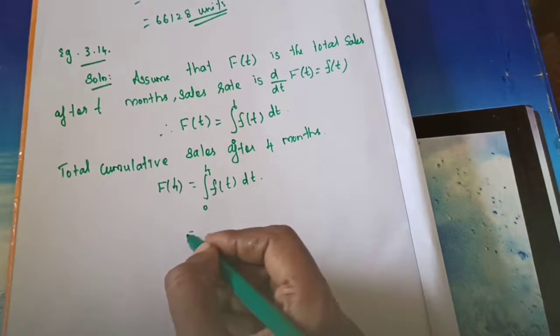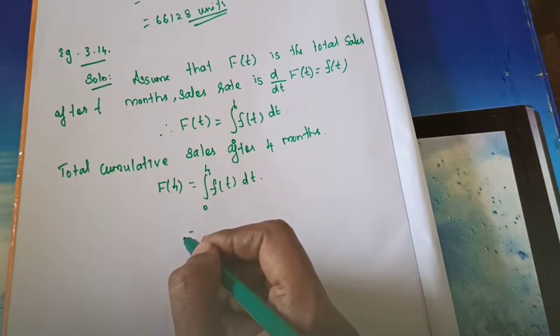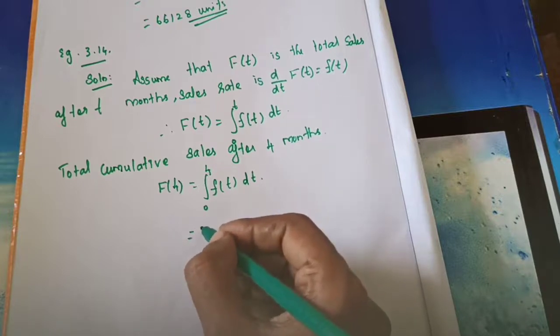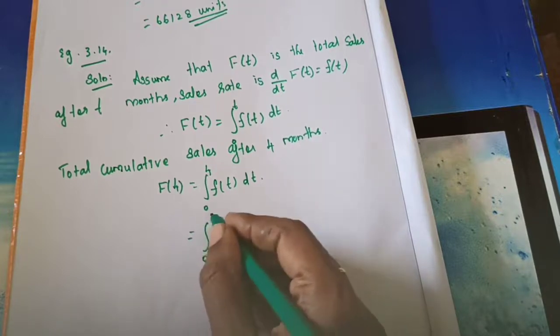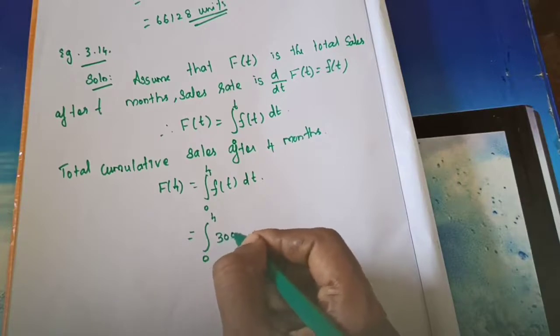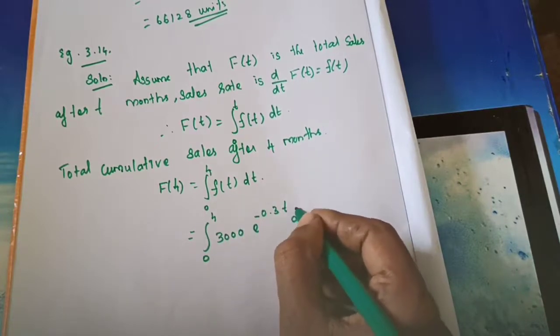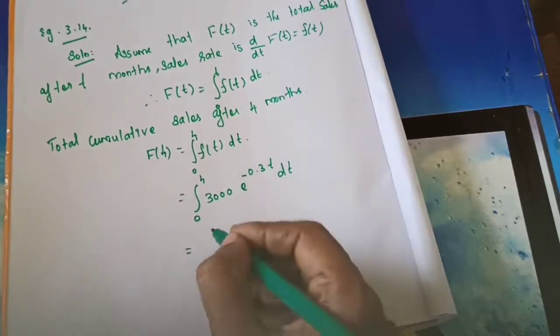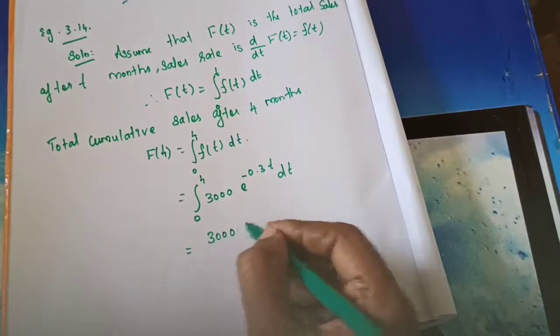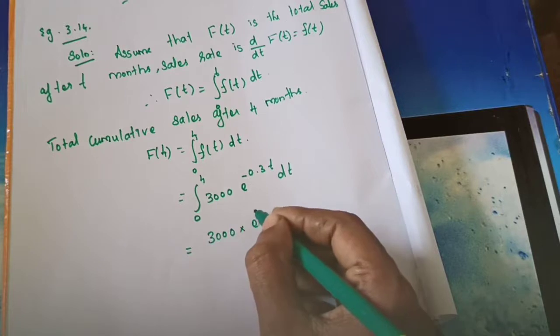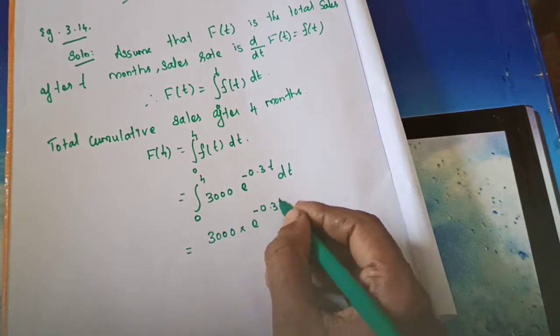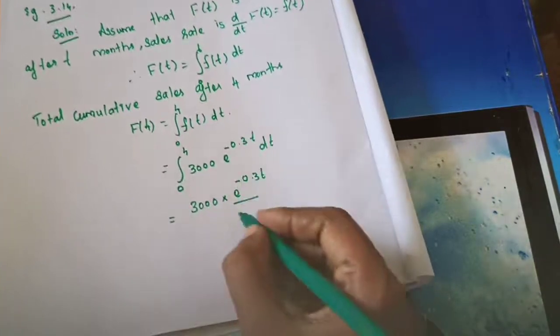What is f of t that is given in your question? 3000 e power minus 0.3t. Okay, so you can substitute. So 0 to 4, 3000 e power minus 0.3t dt. That is equal to, shall we integrate? 3000 into e power minus 0.3t divided by the coefficient of t.